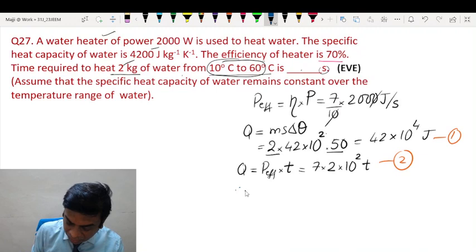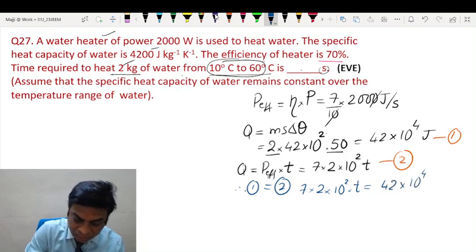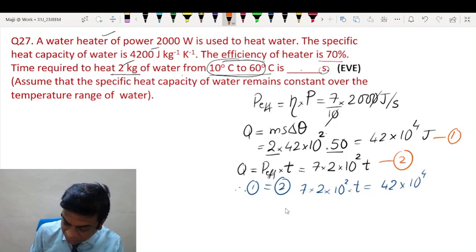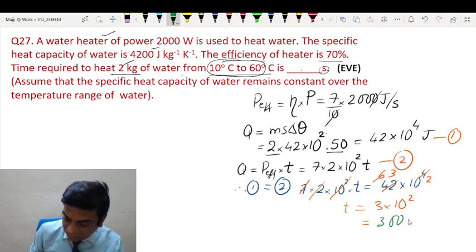Therefore, equating 1 and 2, we have 7 into 2 into 10 power 2 into t is equal to 42 into 10 to the power 4. So 7 6s are 42, 2 threes, 10 power 2 divided by 10 power 2. So t will be 3 into 10 power 2, that is 300 seconds is the answer.